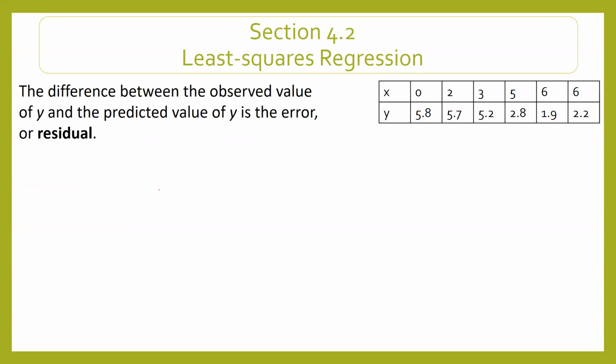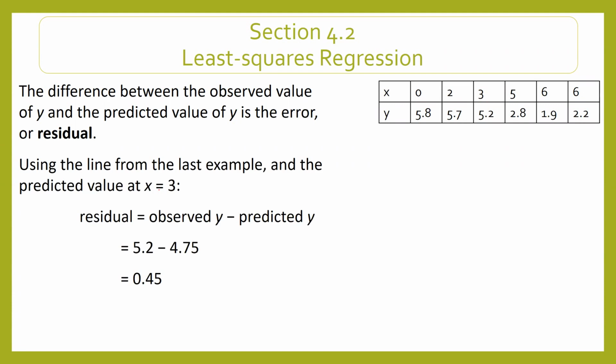So let's move on to what is called residual. The difference between the observed value of y and the predicted value of y is the error, or what we call residual. And we can quickly check, because for least square, we want the residual to be minimal. The line with minimal residual, that is what the least square regression line will give us.